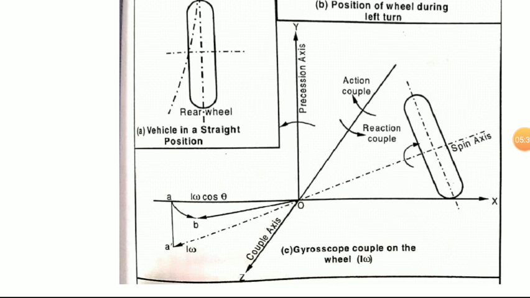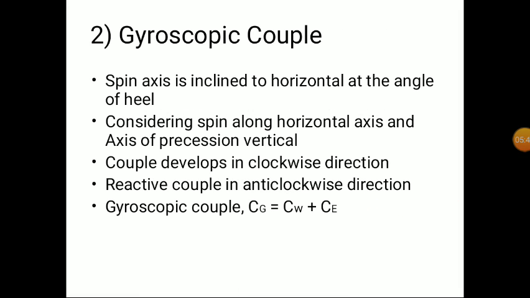Considering the horizontal component, that is OA, it is I omega into cos theta, so I omega cos theta. Here we are considering spin along the horizontal axis, and the axis of precession, as we already know, is always vertical.